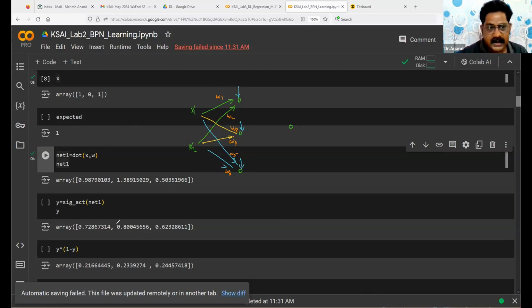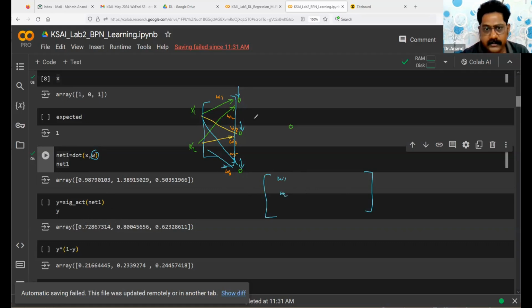So 9 weights, right? Those 9 weights are represented by this weight matrix W, which is represented as 3 by 3. How 3 by 3?